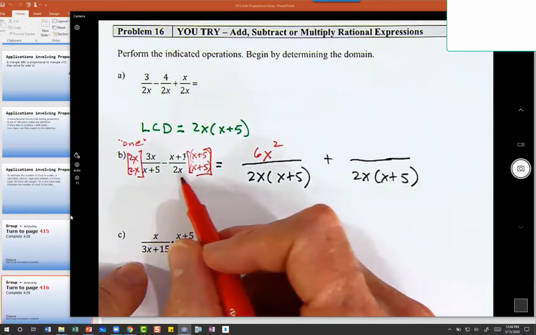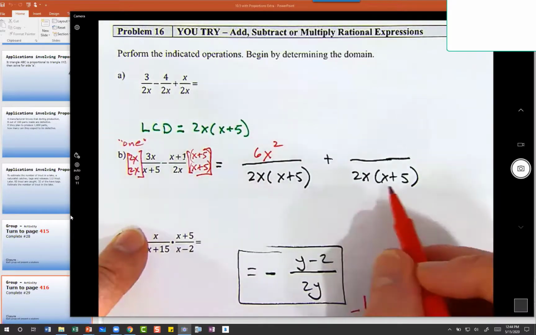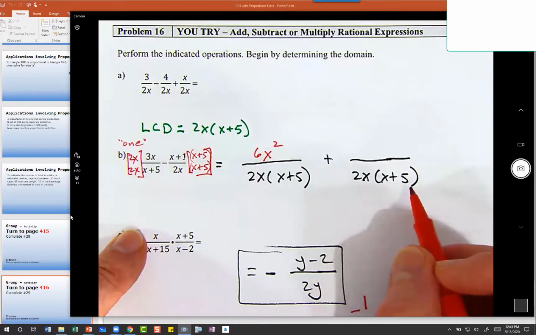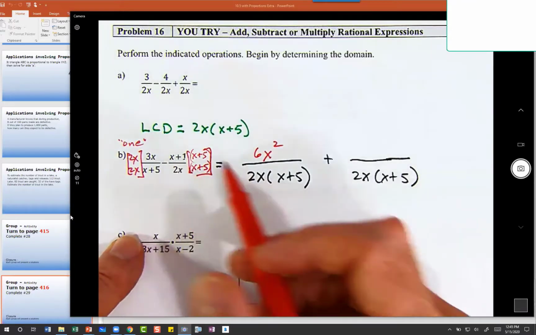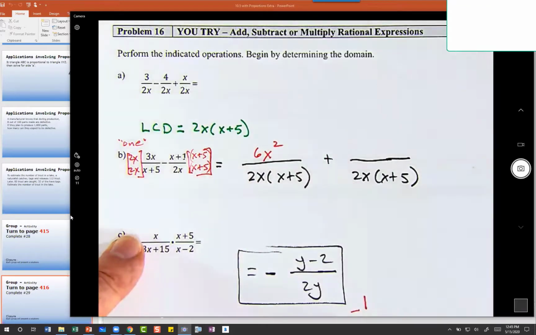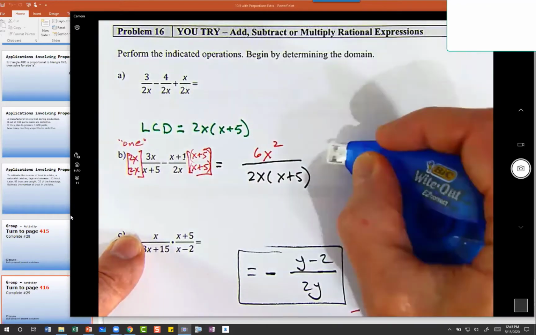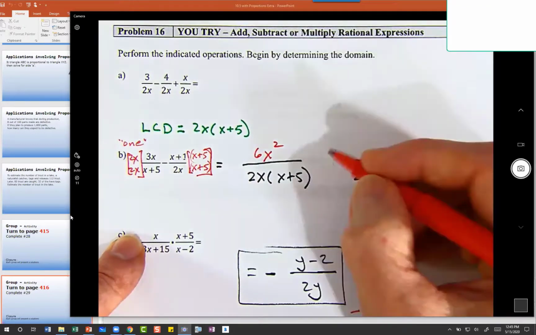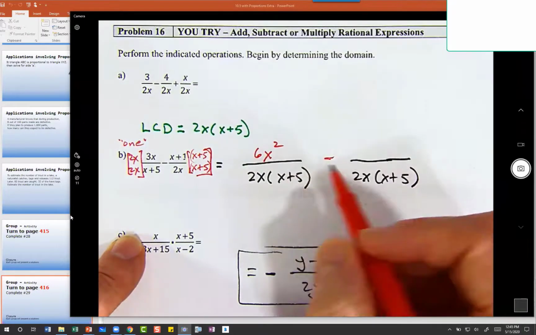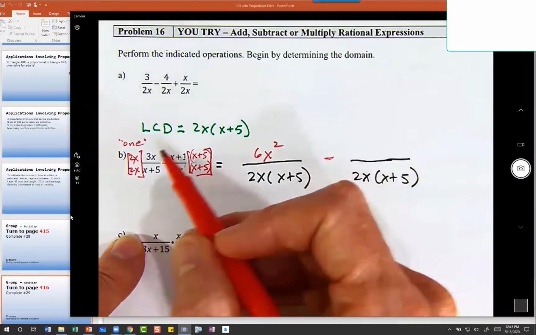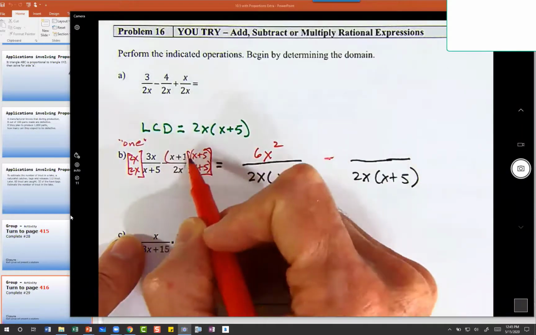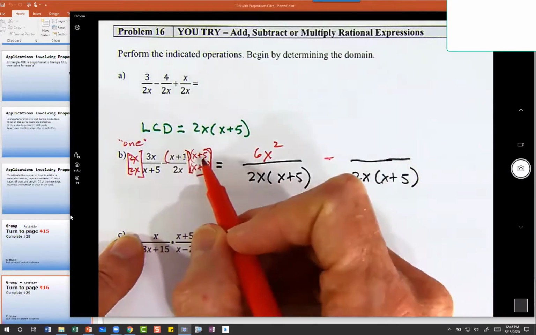Now, the 2x times x plus 5, I'm leaving the groups and the multiply on the bottom, but on top, eventually I'm going to have to subtract. I didn't write subtract. That was a bad move right there. That's a minus. Eventually I'm going to have to take the top minus the top. So if I leave the parentheses here, I won't be able to subtract.